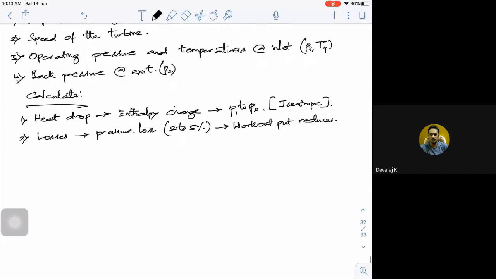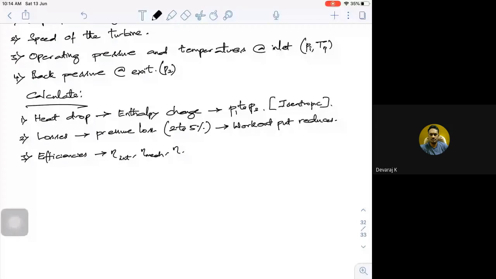Okay. Now, when you have all those things, based upon this, if I try to consider different efficiencies, we try to calculate based on some of the efficiencies. What are the efficiencies we try to consider? Some of them can be the internal efficiency, your mechanical efficiency, your generator efficiency.